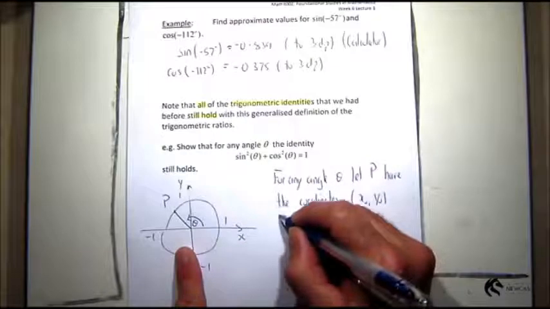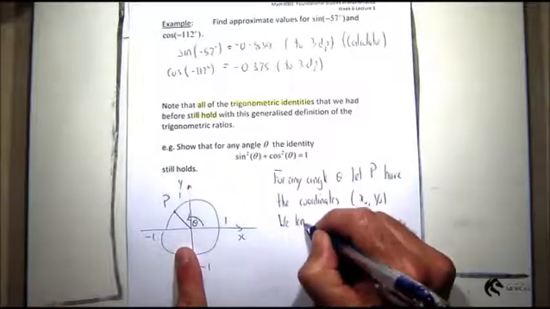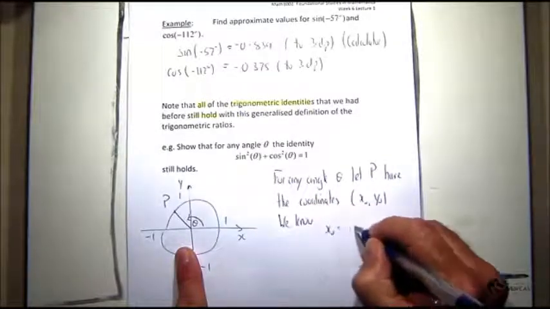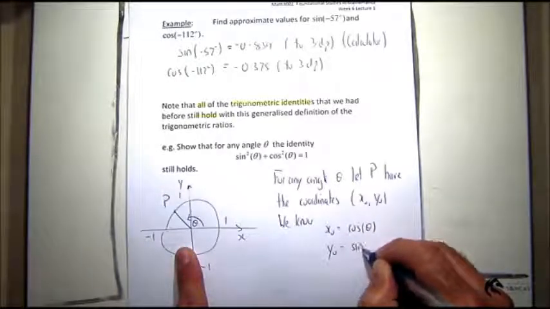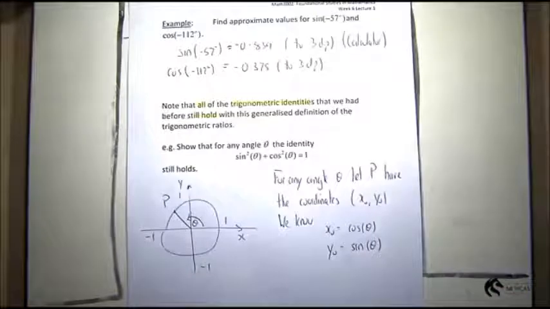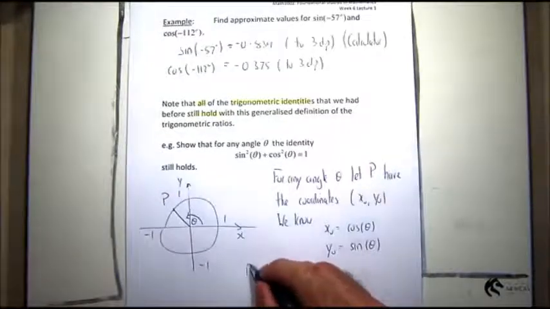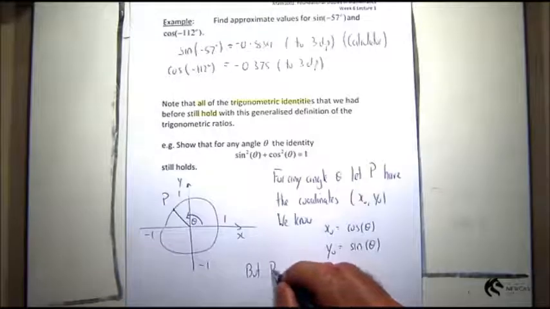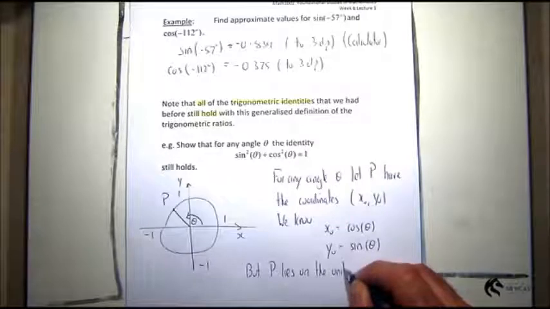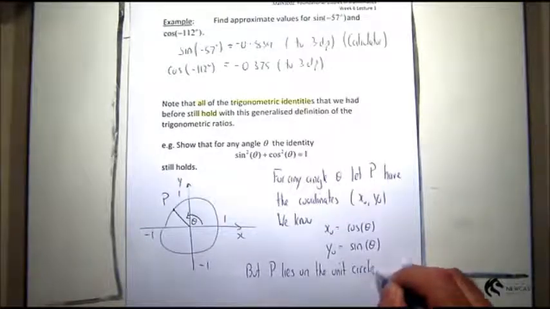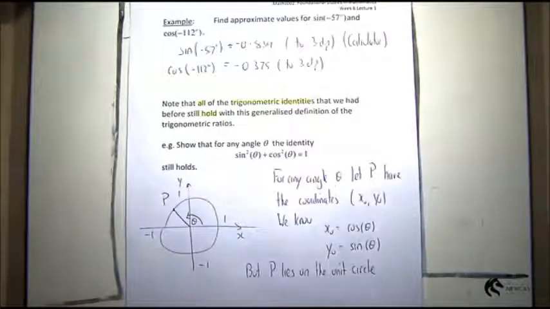We know that x0 is the cosine of theta, that's by definition, and y0 is the sine of theta. The other thing we know is that P lies on the unit circle. We know the equation of the unit circle.